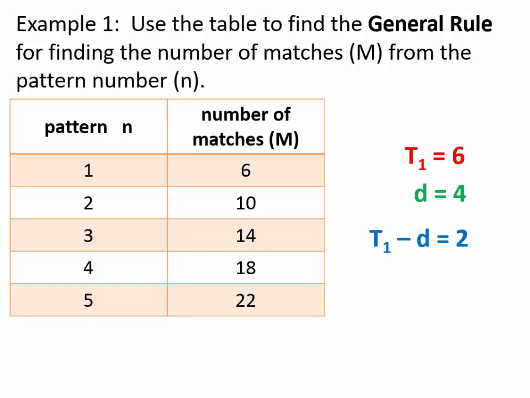Alright, 6 take away 4 is 2. So now we can use the formula to write down the general rule for this pattern, which becomes m equals 4n plus 2, because in this case d is 4 and t1 minus d is 2.